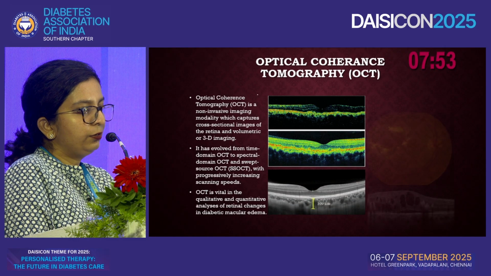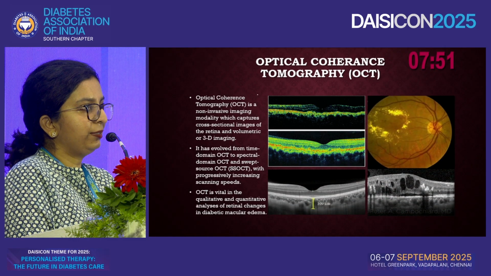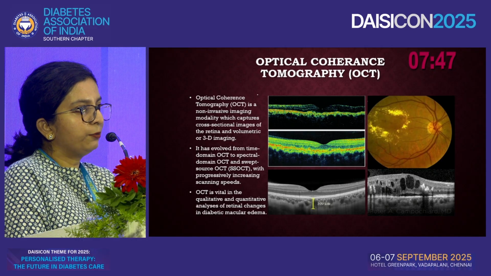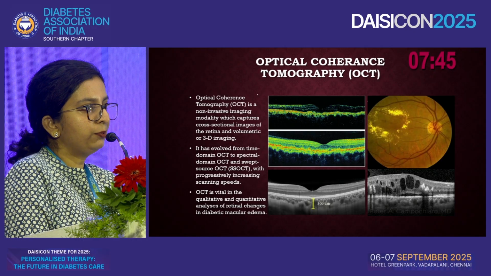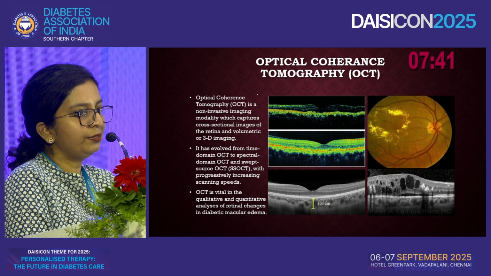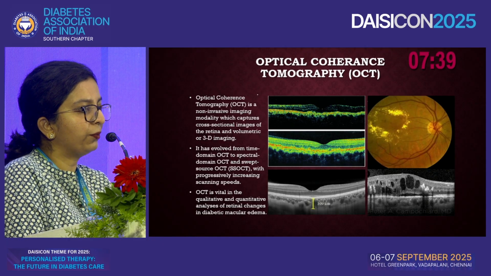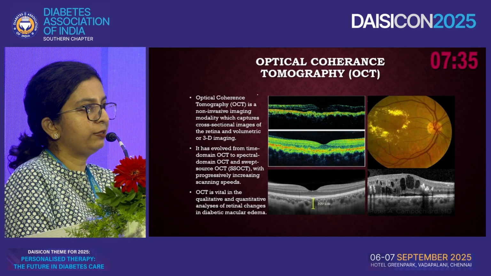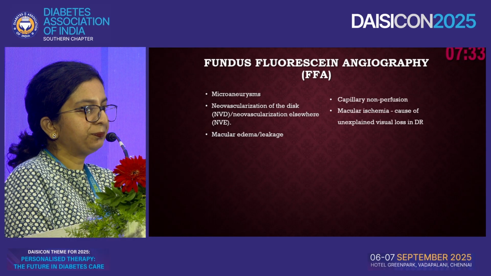So in macular edema, the foveal thickness is usually increased. Not only for diagnosing macular edema, we can also assess whether the treatment modalities are actually working or not. As of now, this is the only quantitative analysis which is available when we look at all the fundus imaging modalities.